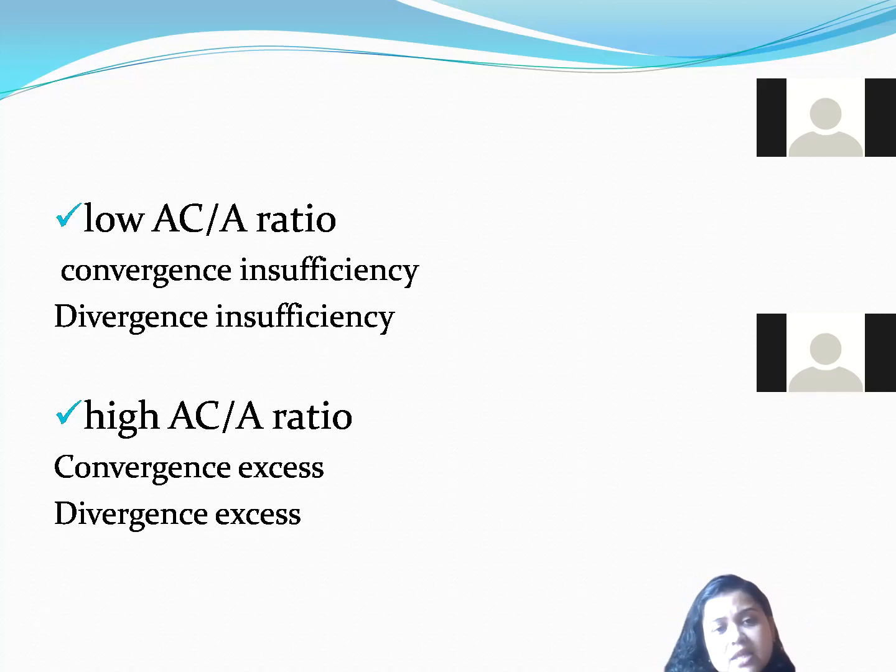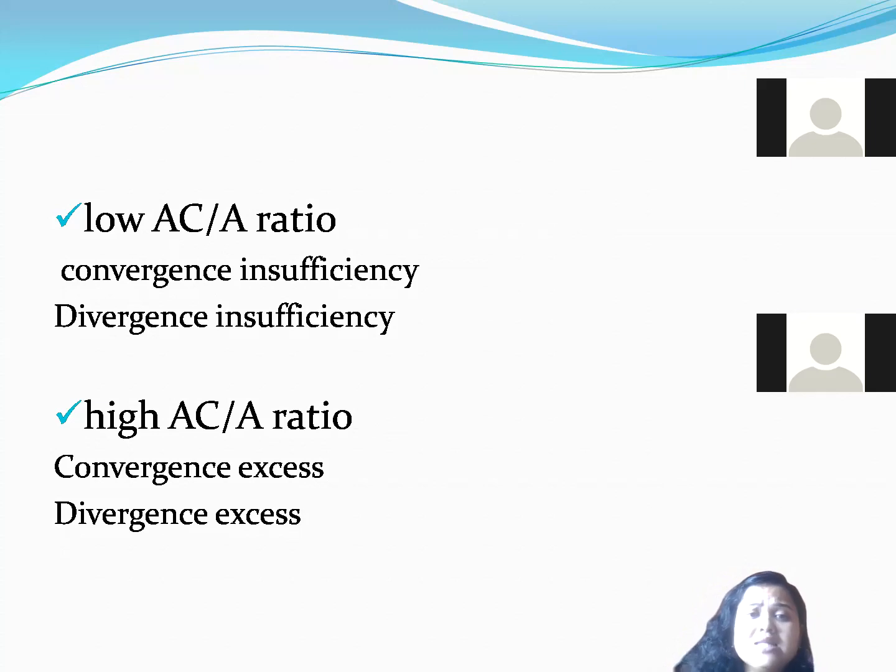Anything below 4:1 is a low AC/A ratio, anything above 7:1 or 6:1 is a high AC/A ratio. We get a low AC/A ratio in convergence insufficiency and divergence insufficiency. We get a high AC/A ratio in convergence excess and divergence excess.